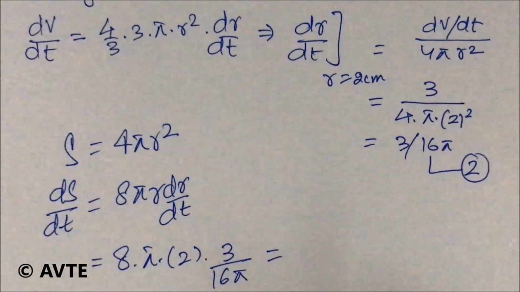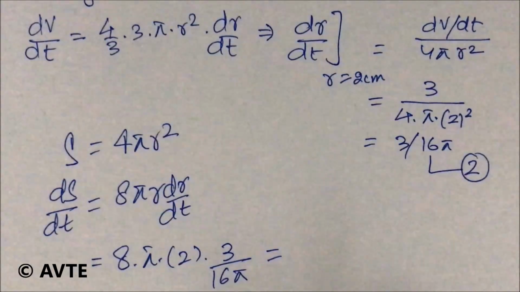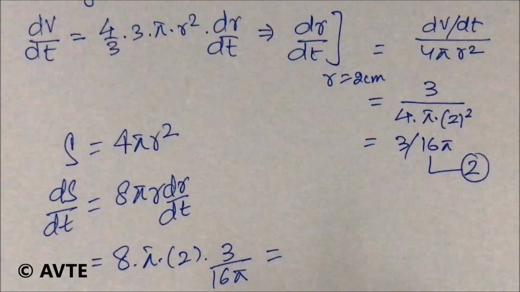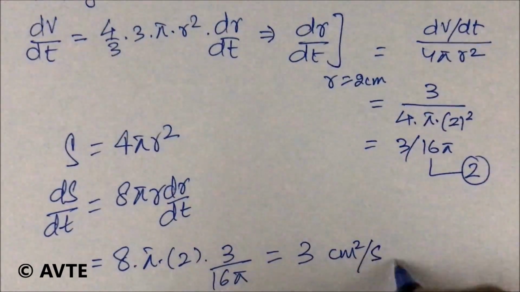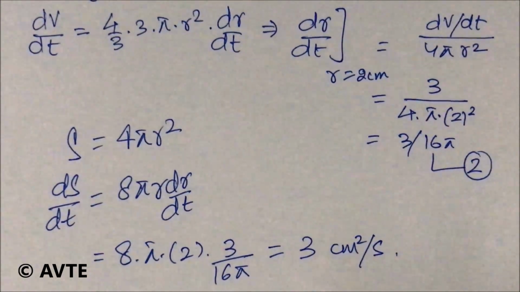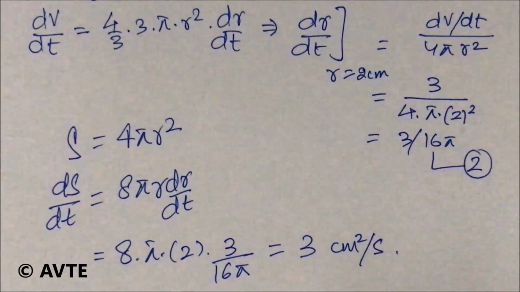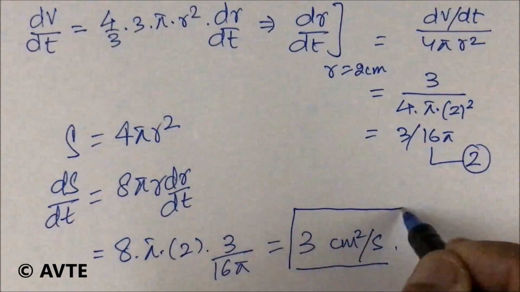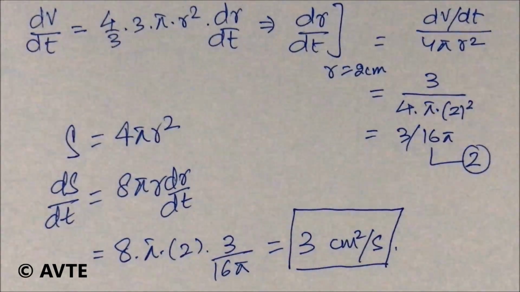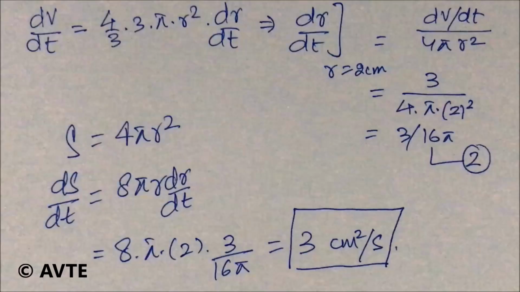So pi and pi is cancelled, 16 and 16 is cancelled. So the answer is turning to 3 centimeter square per second. We suggest you to kindly underline or put the answer in a box for a better view. So the answer is 3 centimeter square per second.